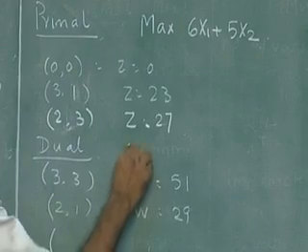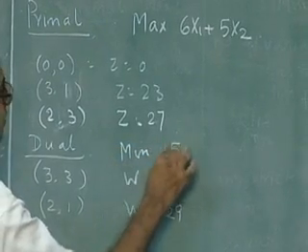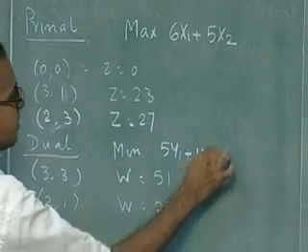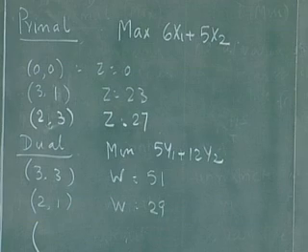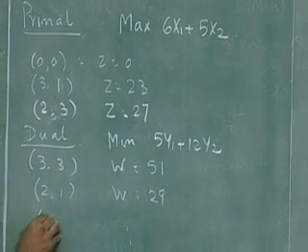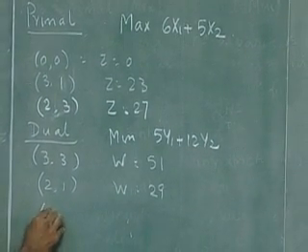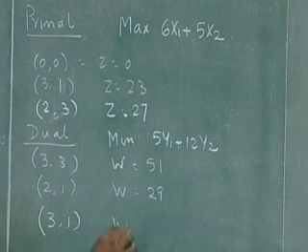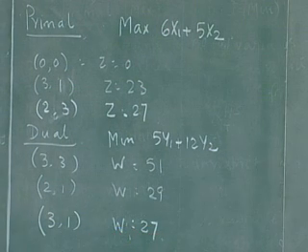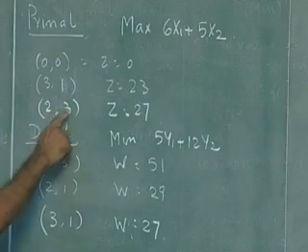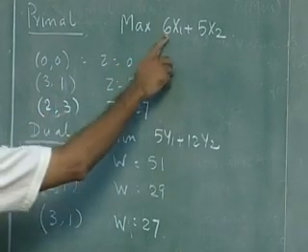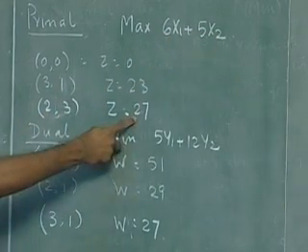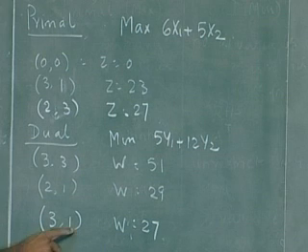Dual was minimize 5y1 plus 12y2. So we say dual has a feasible solution with 3 comma 1 with w equal to 27. Remember, primal now has a feasible solution 2 comma 3, 6x1 plus 5x2 is 27. Dual has a feasible solution 3 comma 1.